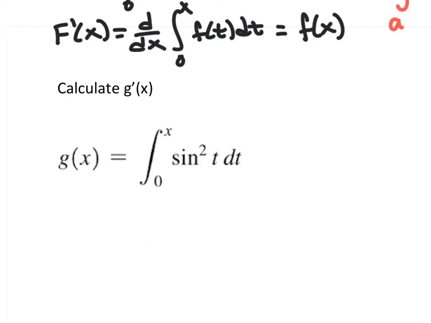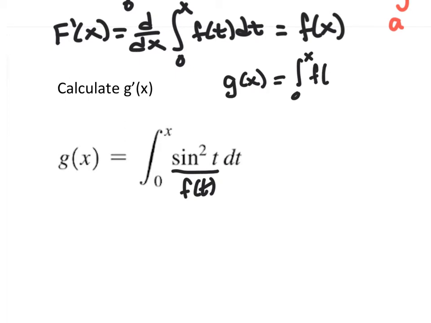So I'm going to rewrite this a little bit differently. I'm going to say that g of x, for both these examples, is equal to the integral from 0 to x of, and I'm just going to call this function f of t, dt.